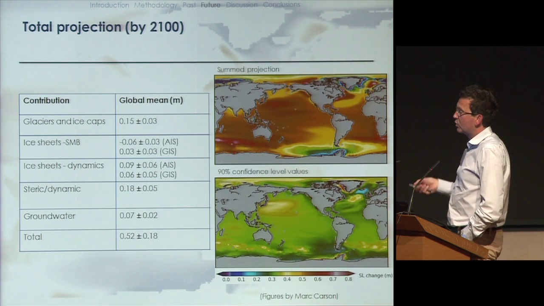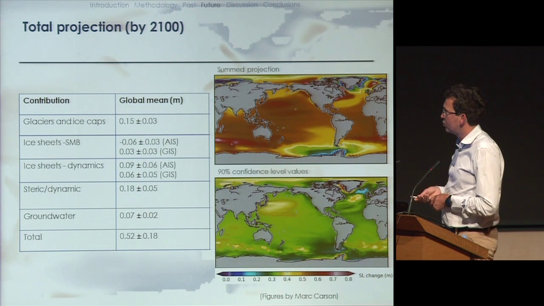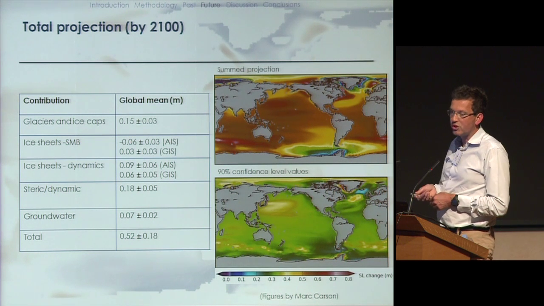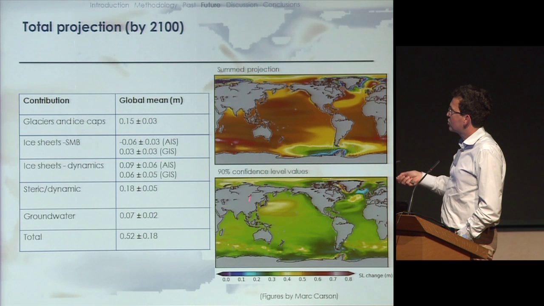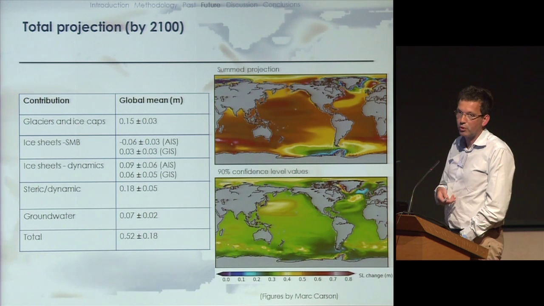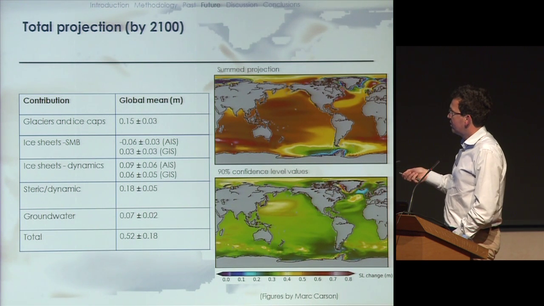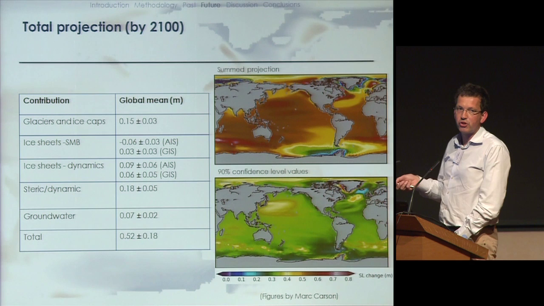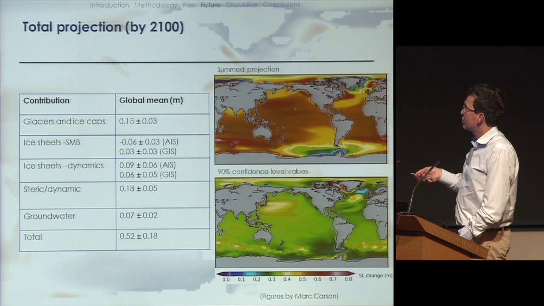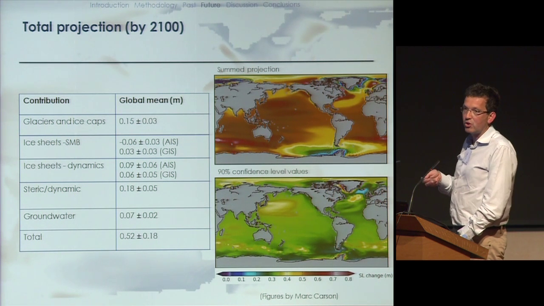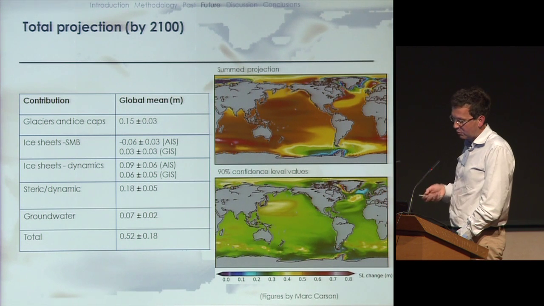Because we now have so many climate models, I think we can start to discuss uncertainties, and that is why we have also made a 90% confidence level value for the regional pattern. You can see that the uncertainty in the regional pattern varies very much from place to place, and that is an important notion, because eventually it's only the local sea level which matters, and not the eustatic mean value.